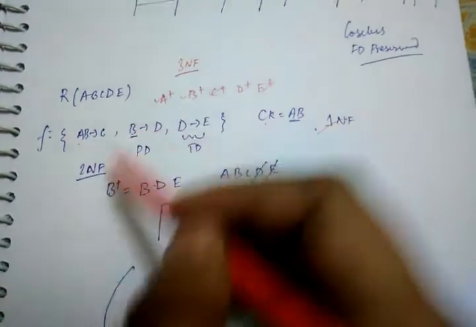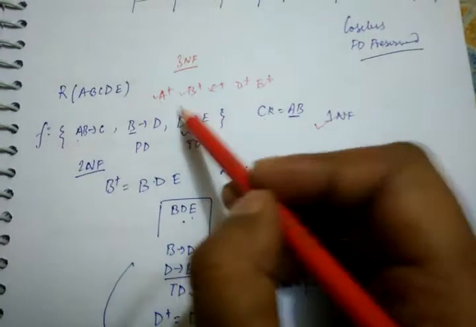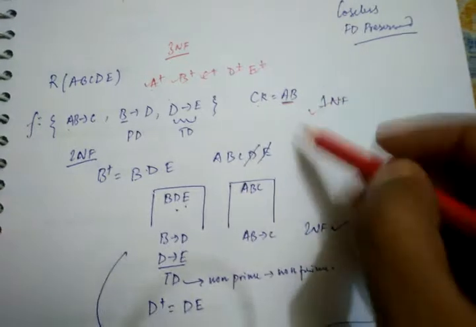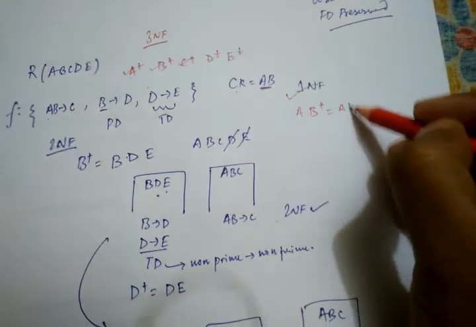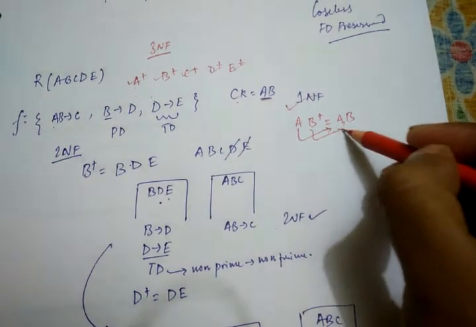As you can check here, by using the closure formula, we will get only AB. I will show you how. If we take AB plus, then we will get AB, because we can get A and B from here.